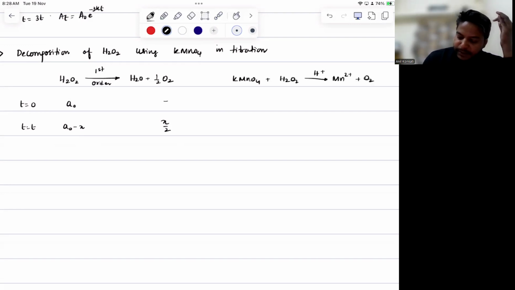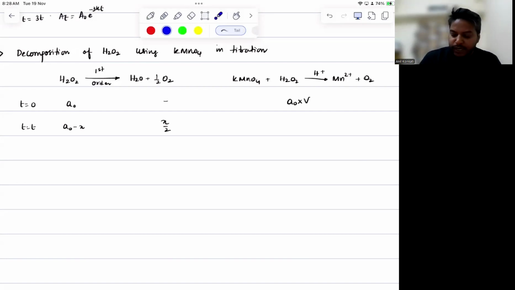Okay. Then for this particular amount of number of moles, the volume that is required by a fixed concentration of KMnO4, let that be V naught. Okay, this will be V naught into some normality N, and this is A naught.